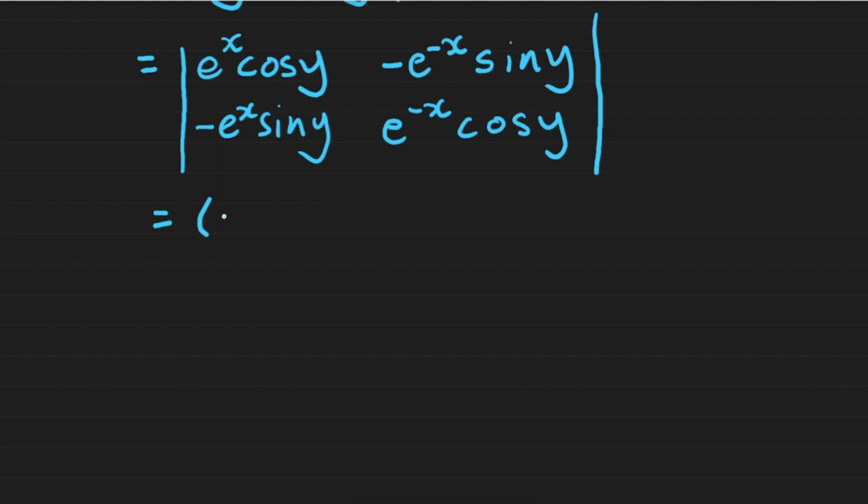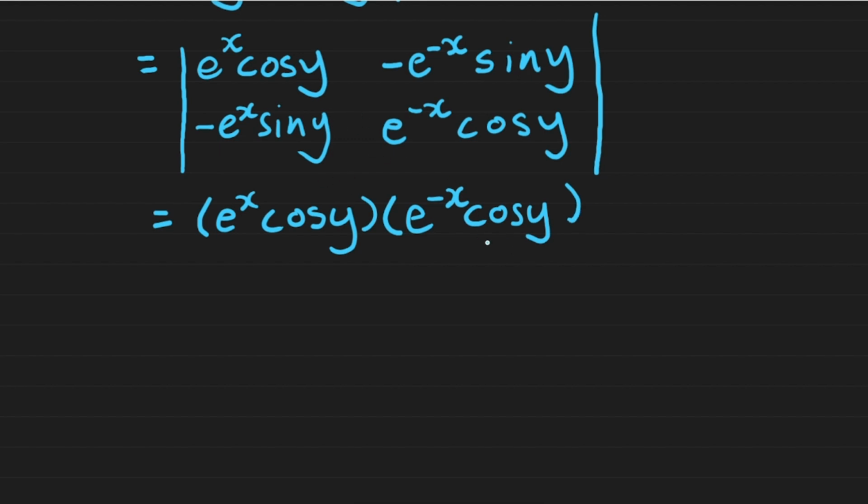So it would be e to the power x cos y multiplied by e to the power minus x cos y, minus, I'll write it in the next line, e to the power minus x sine y, this element, multiplied by the final element here, which is minus e to the power x sine y.